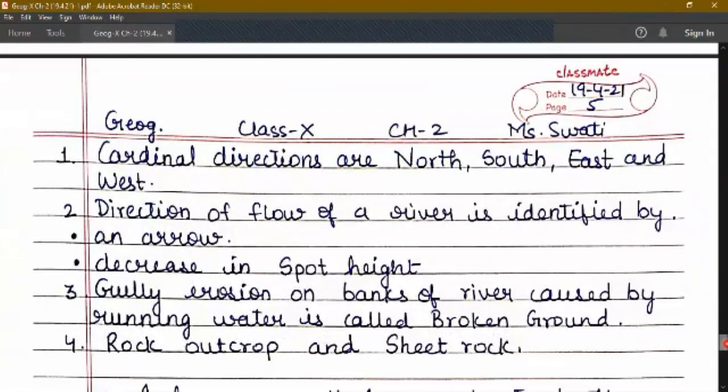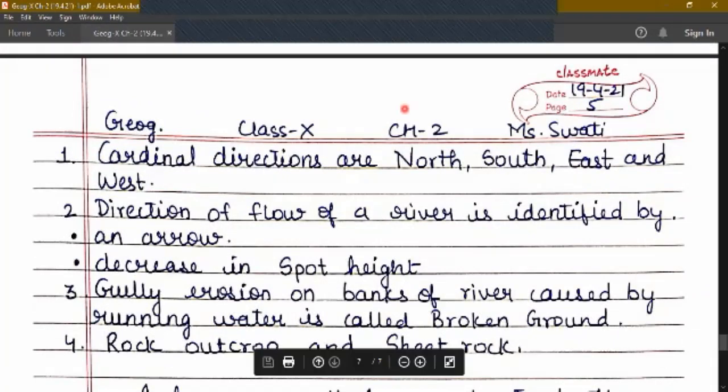Number 3: gully erosion on banks of river caused by running water is called broken ground. Answer number 4: rock outcrop and sheet rock.